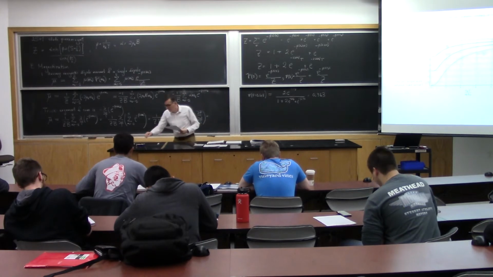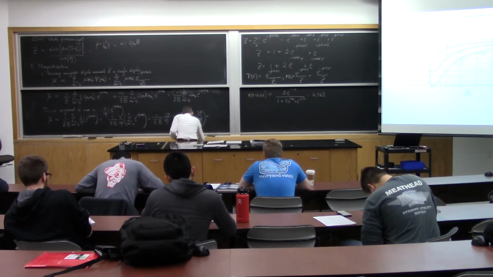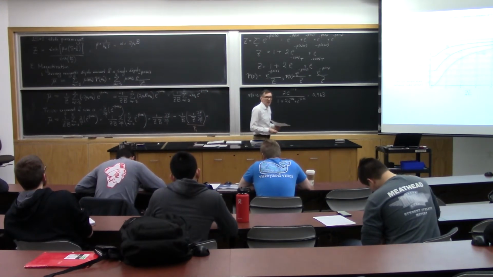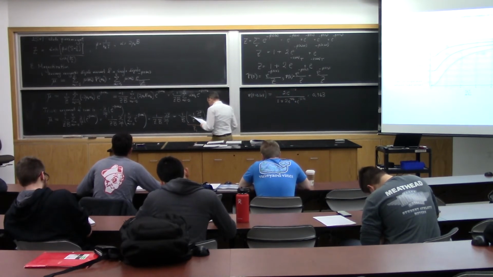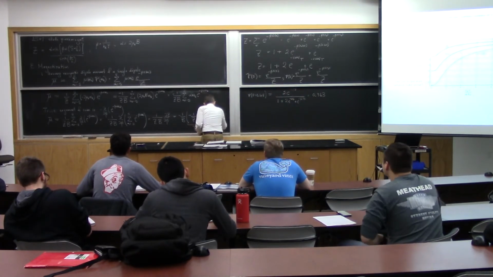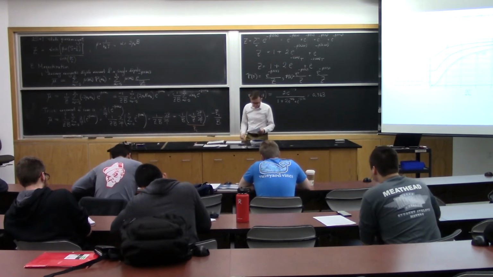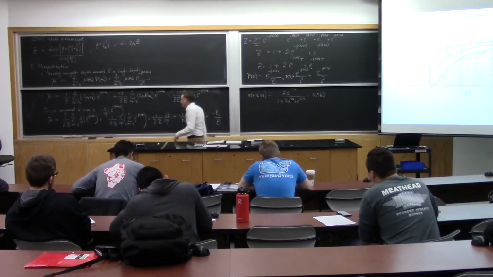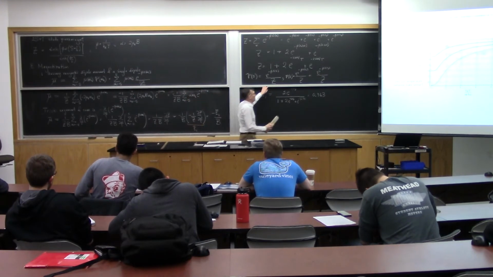This quantity in the parentheses right here is E1 average, the thermal average energy of a single dipole. So I've reduced this down to E1 average over the magnetic field strength. That's the average magnetic dipole moment of a single dipole.